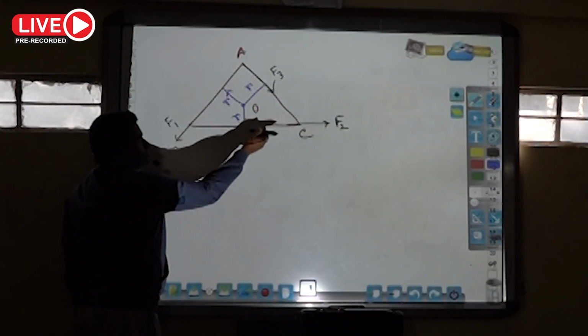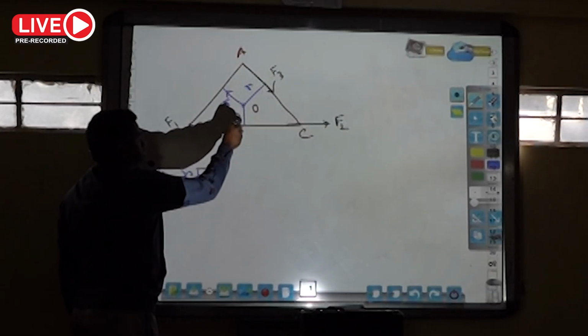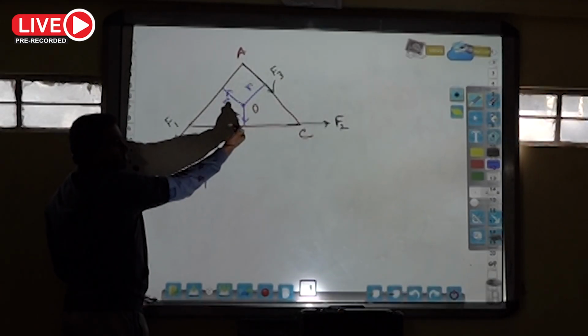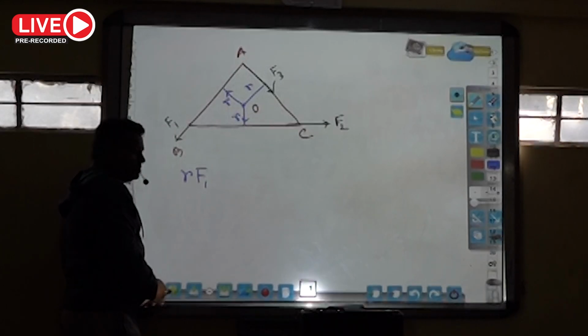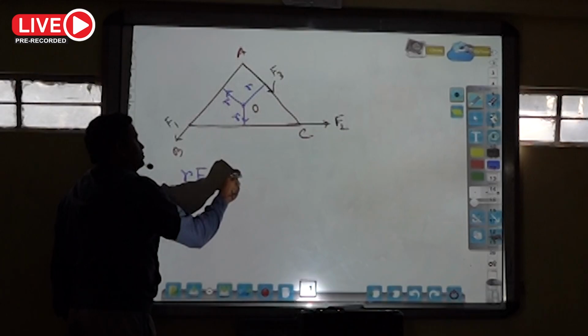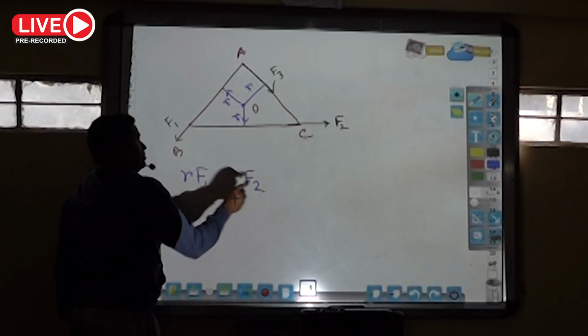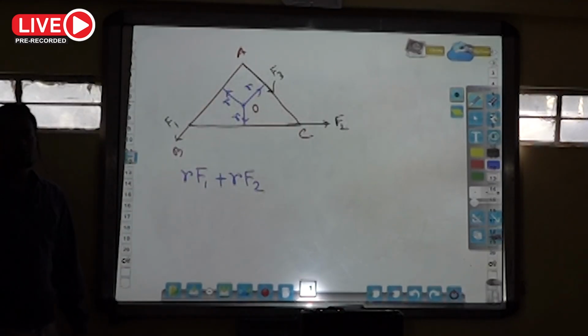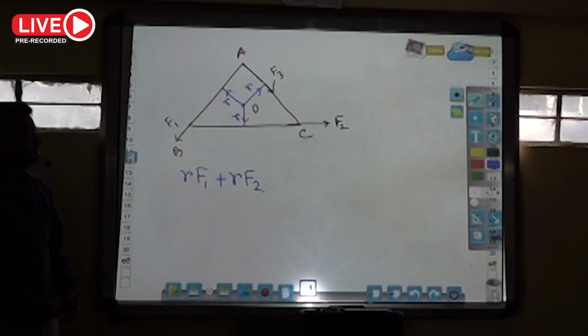Then torque for F2 about O is again anti-clockwise, means plus R into F2. But torque for F3 will be clockwise.